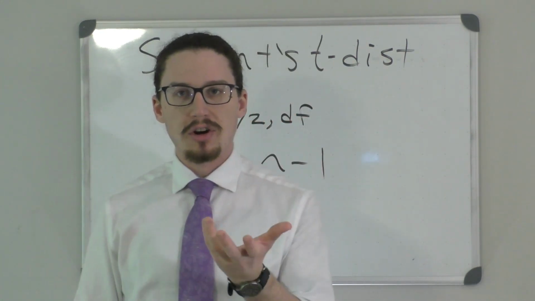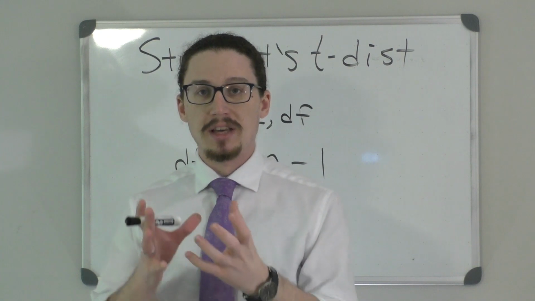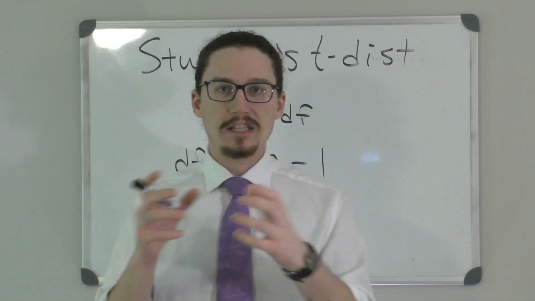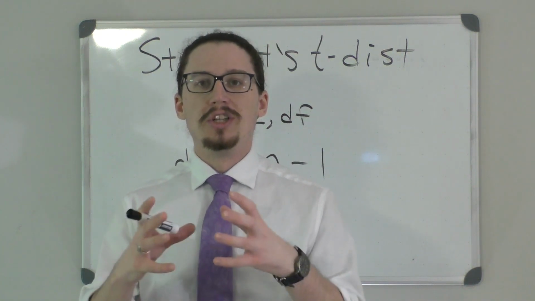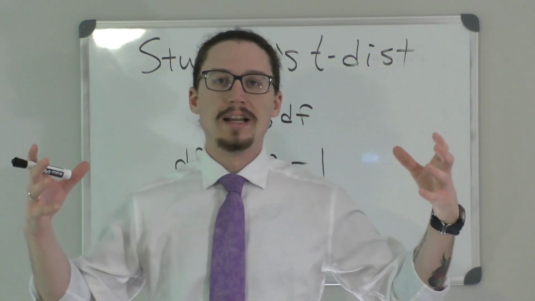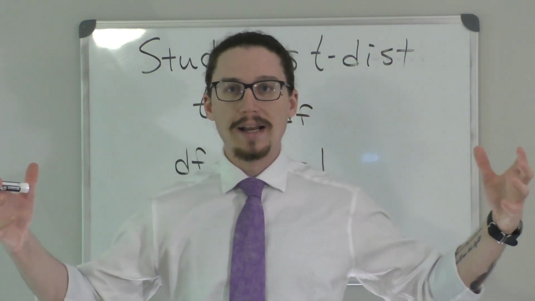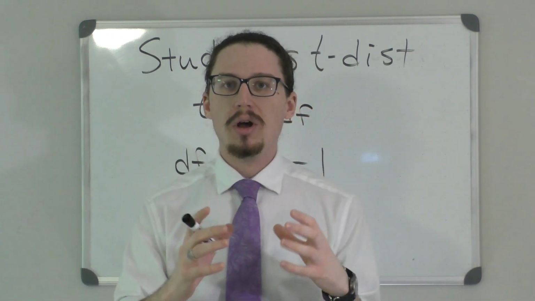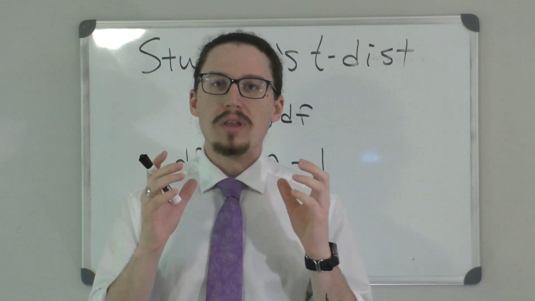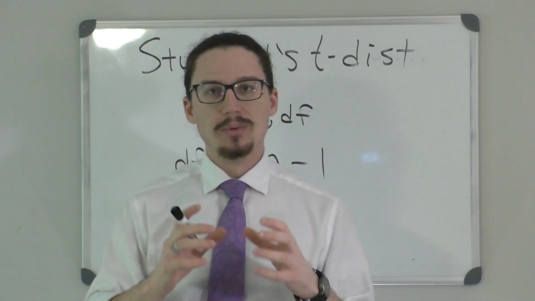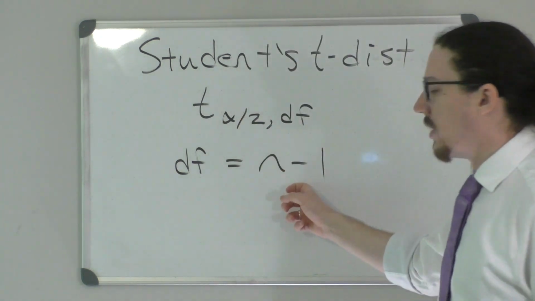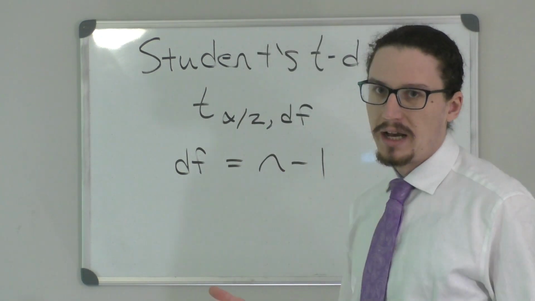And if we think back to what we've already done, if our critical value gets larger, that means our margin of error gets larger, the thing that we're adding and subtracting from the sample mean, which means the interval we're calculating gets wider. That's kind of the opposite of what we want. We want as narrow an interval estimate as we can get.